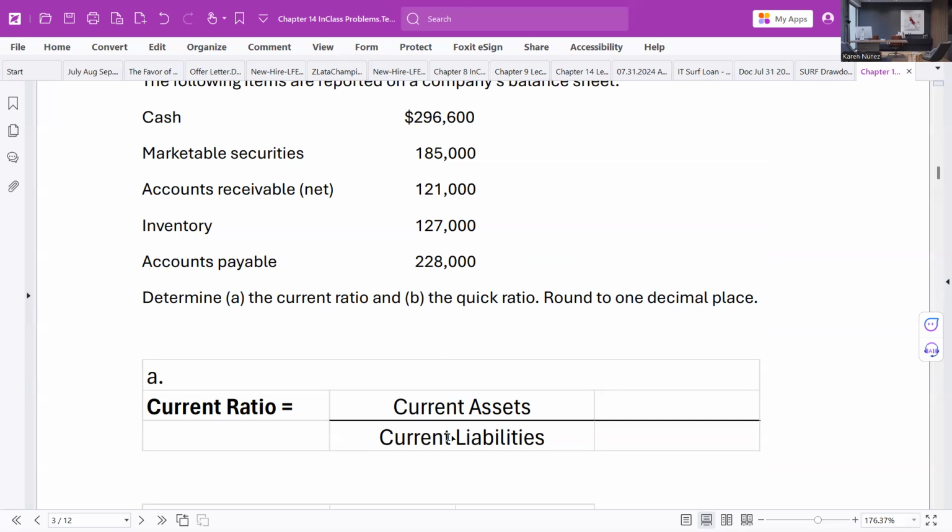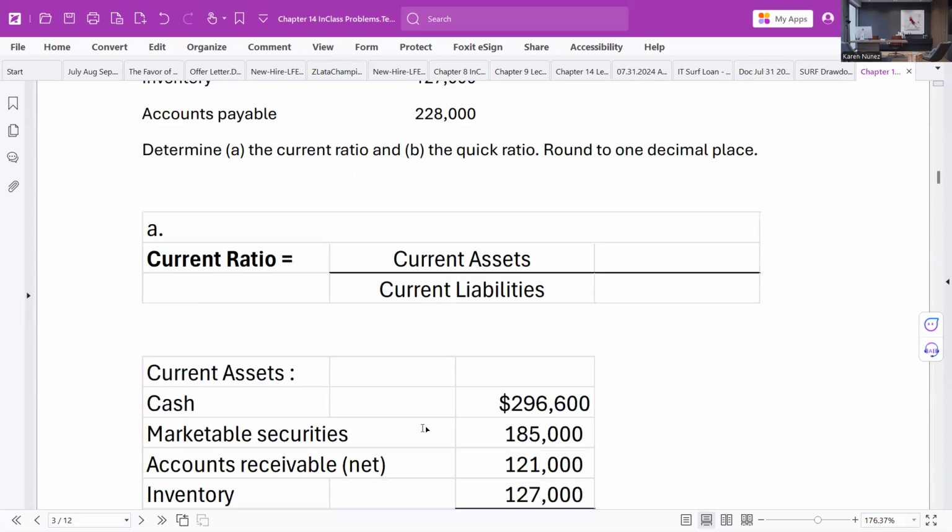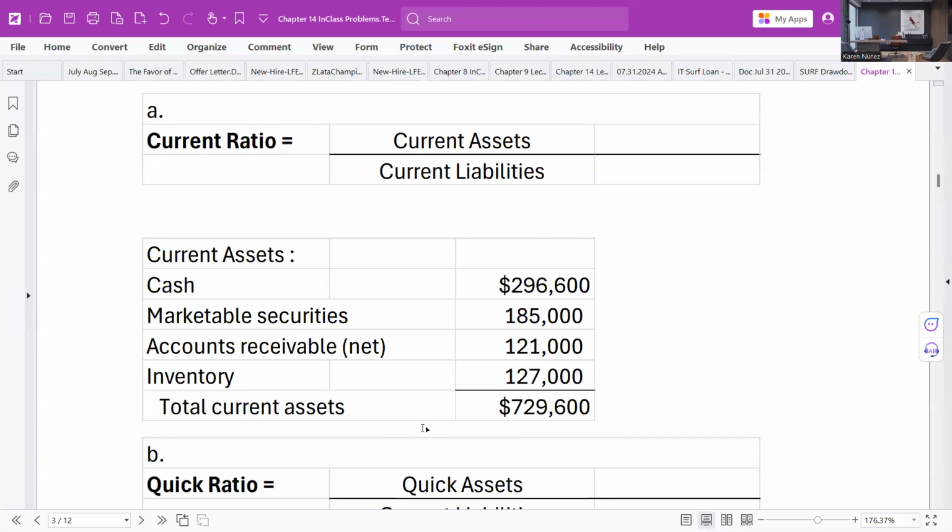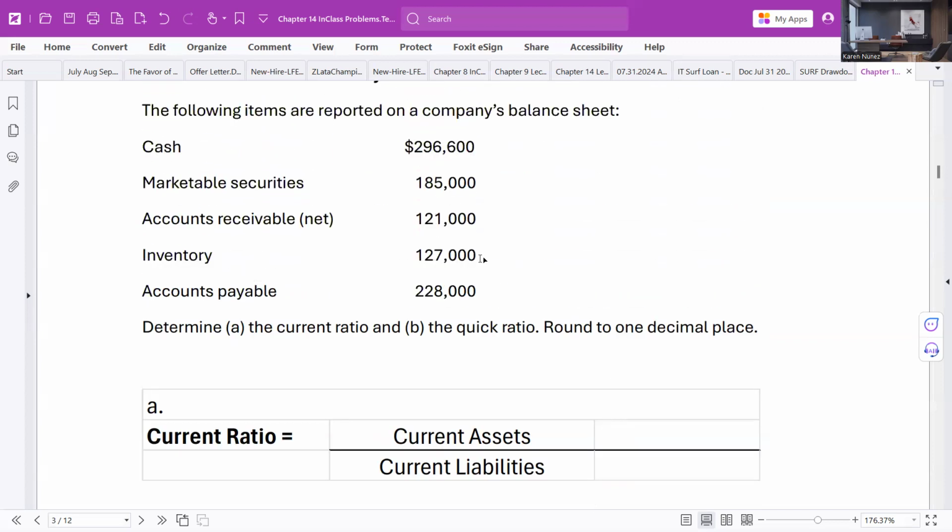Well, I think I've got the current assets summarized at the bottom here. So all the current assets I've summarized here so that we have a subtotal, right? The current assets consist of the cash, the marketable securities, the accounts receivable, the inventory, right? It's those first four line items that we're given. All of these represent the current assets.